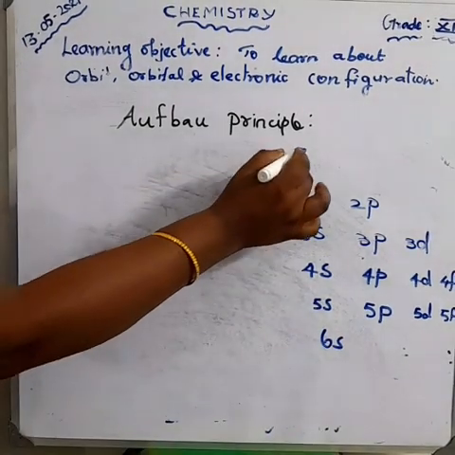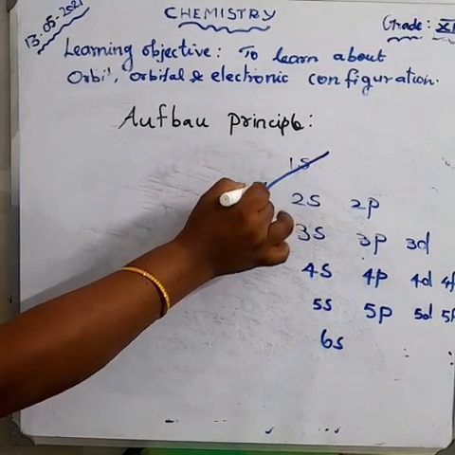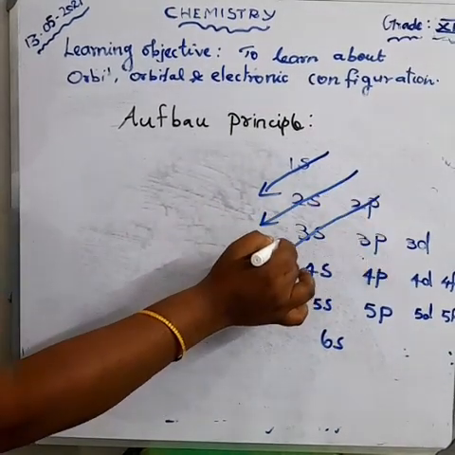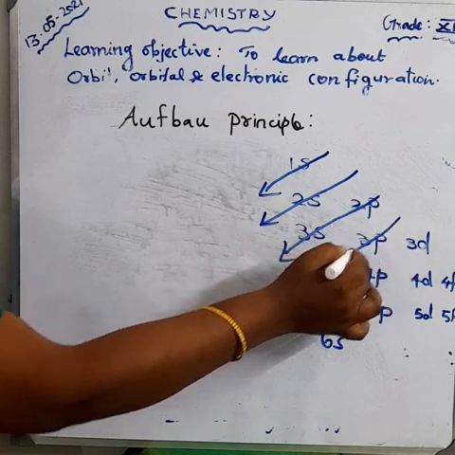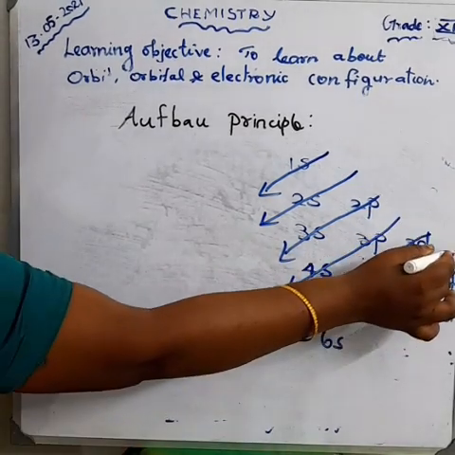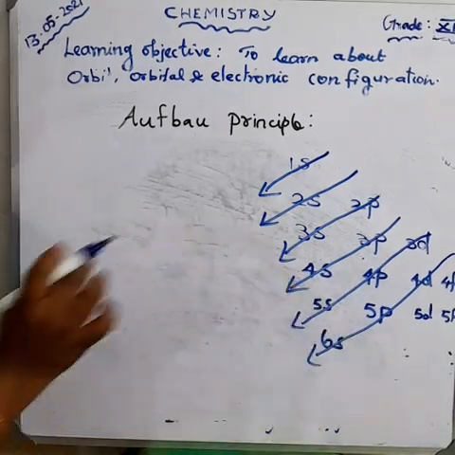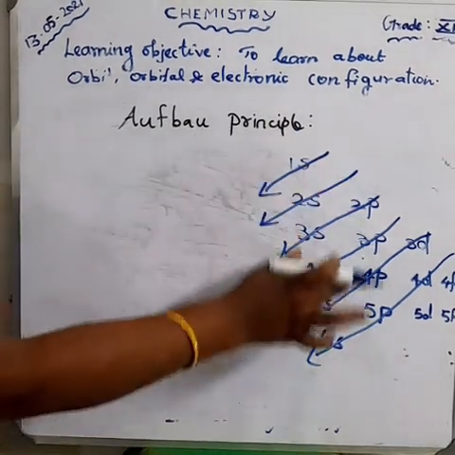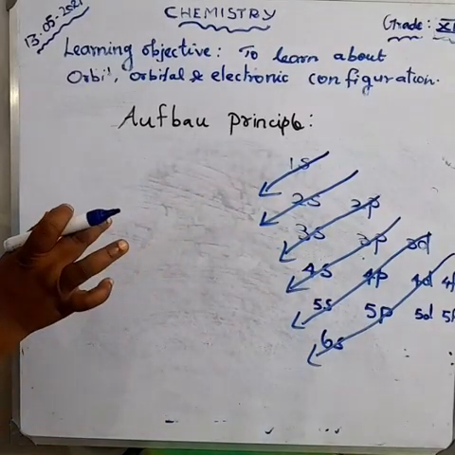This is the order of lowest energy orbitals first. According to this rule we can write the electronic configuration.